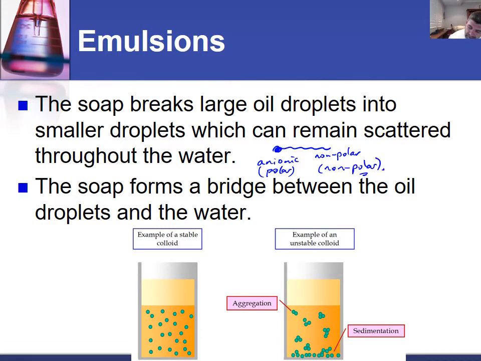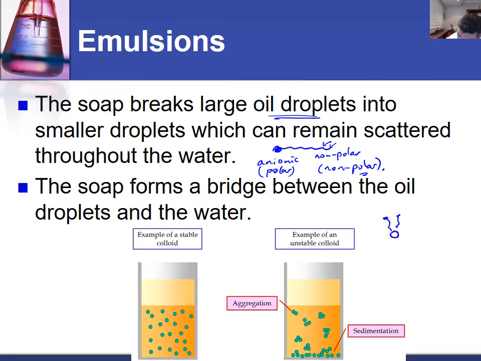So the soap itself can break down these oil droplets into small droplets by their attraction for the hydrophobic tail of the soap. These can still then scatter themselves throughout the water as a series of micelles.